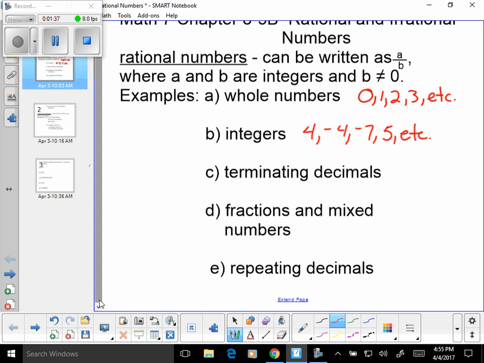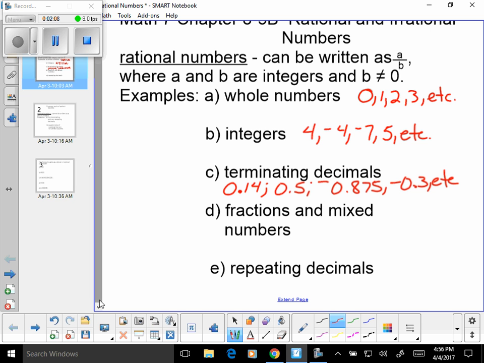You've also worked with terminating decimals. Some examples would be 0.14, 0.5, -0.875, -0.3, etc. You have worked with those too, and this year we did start working with those in an earlier chapter.